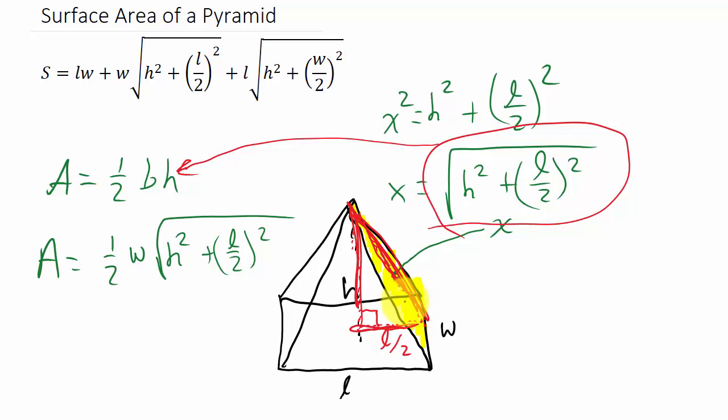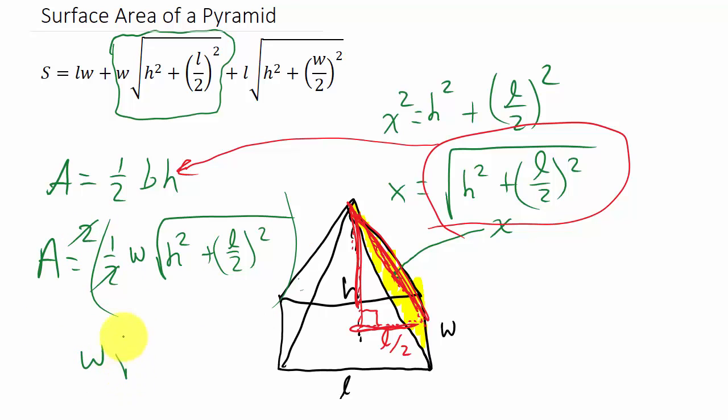So you might be thinking, well, this down here has a half and this one doesn't. Well, this face and this face are exactly the same. They're just on opposite sides. So if we multiply this times 2, you see how the 2's cancel?